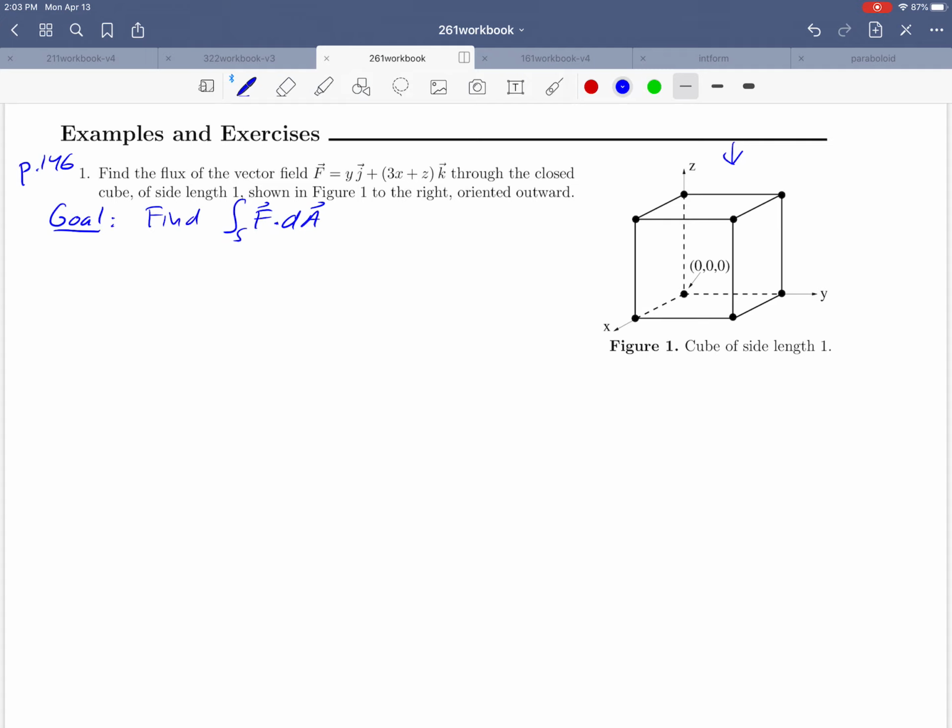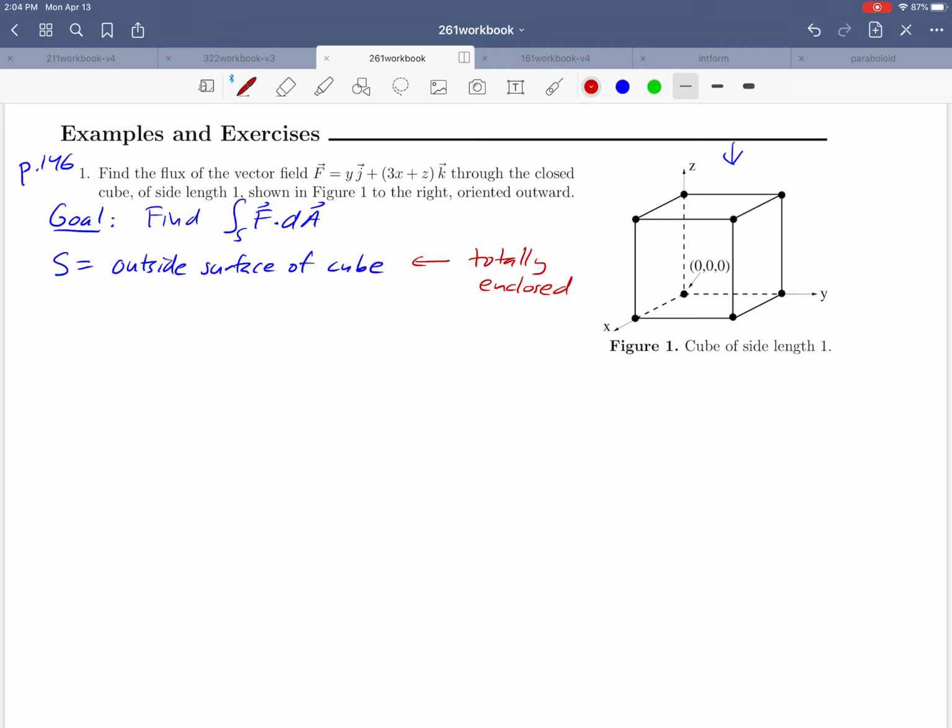Okay, and using the divergence theorem, we're going to take that integral and replace it with a triple integral. In that triple integral, there are going to be some pieces involved. Anytime you use the divergence theorem, there is a surface, which in our case is the outside surface of the cube. One important property that that surface has is that it's totally enclosed.